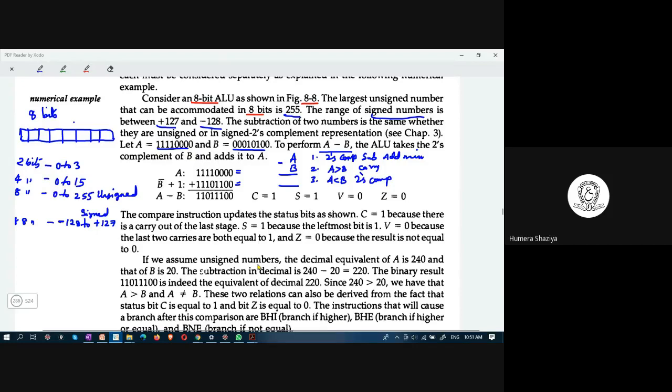So then, can anyone tell me what is happening here? What is A? Four ones and four zeros is A. What is the decimal value? 1, 2, 4, 8, 16 plus 32 plus 64 plus 128.